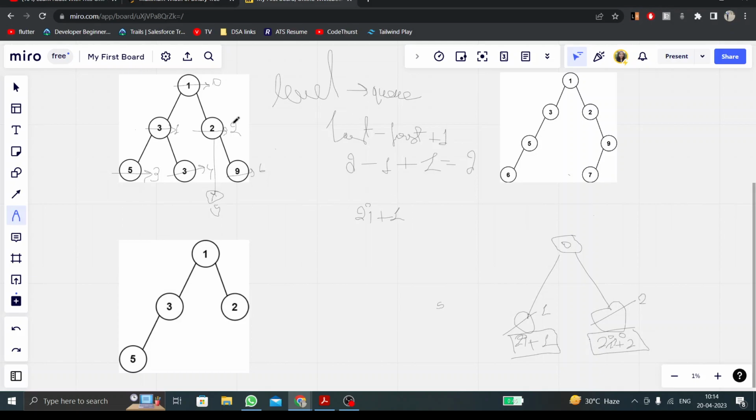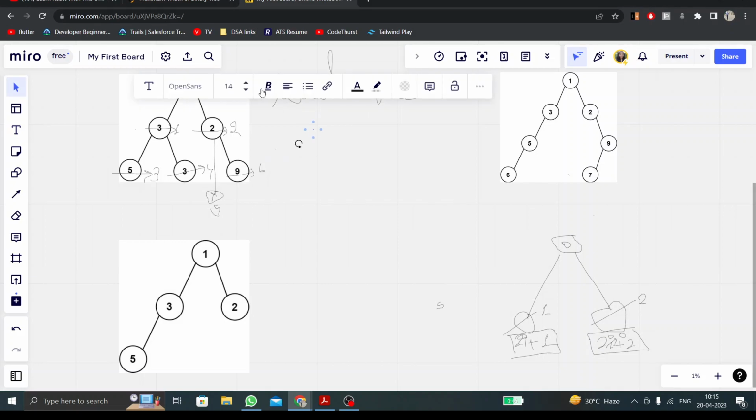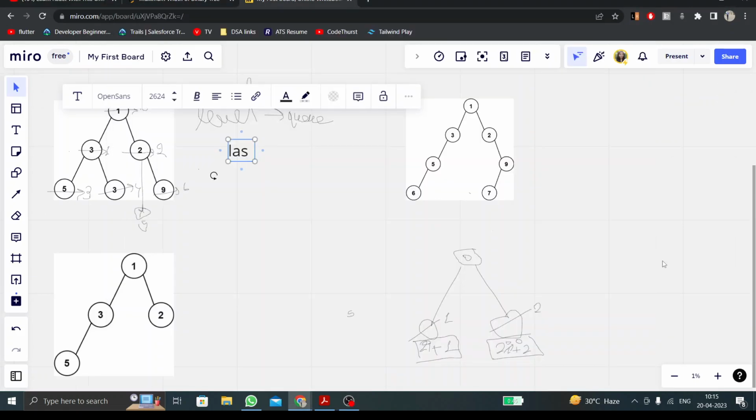Let's use this formula for the last level. The formula is index of last node minus index of first node plus 1.